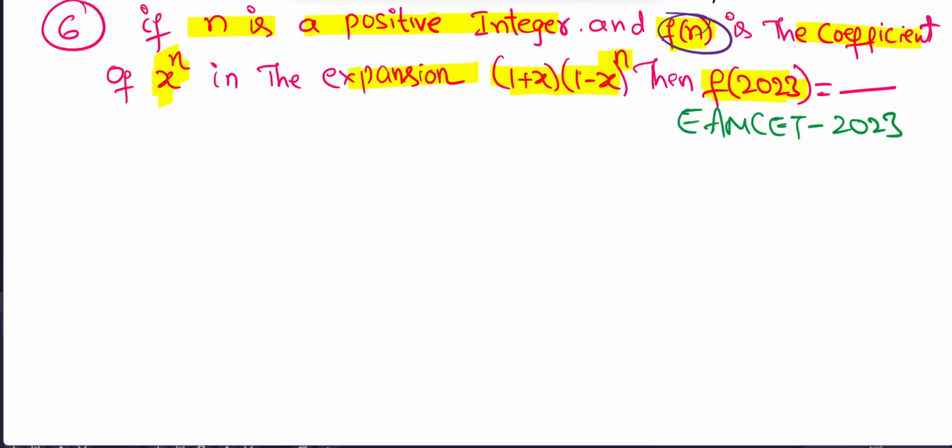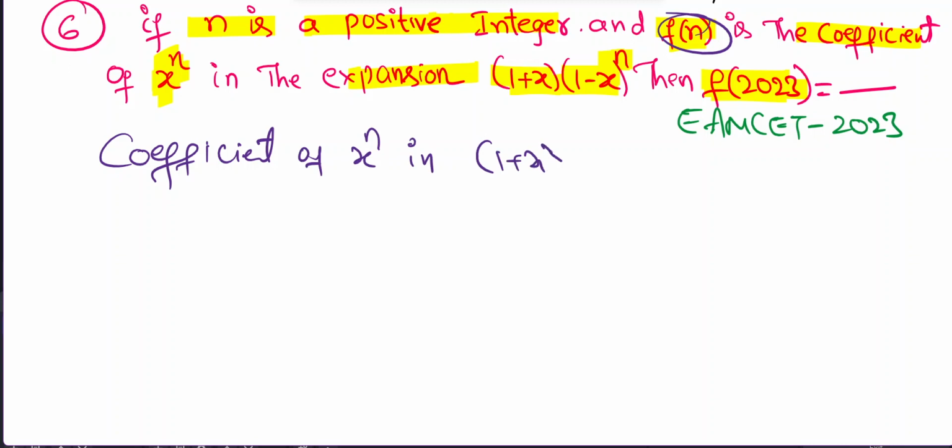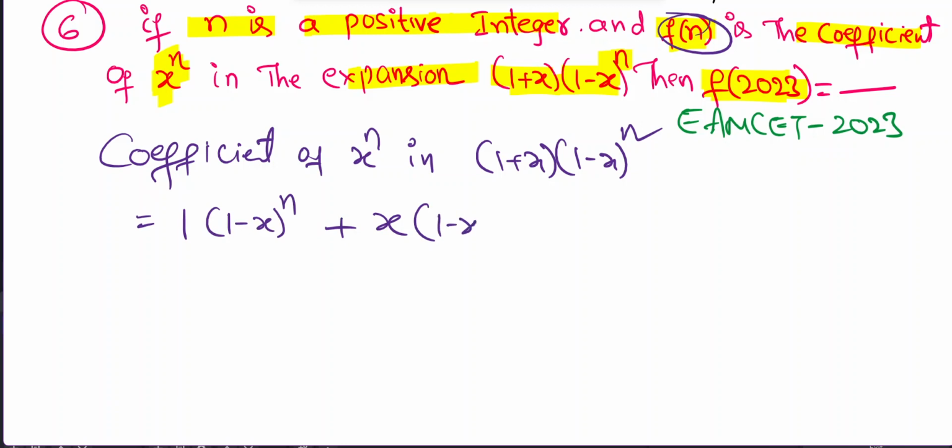Here (1 plus x) into (1 minus x) whole to the power of n, multiplying these two, that is 1 into (1 minus x) whole to the power of n plus x into (1 minus x) whole to the power of n. So the coefficient of x power n is given, that is f of n.